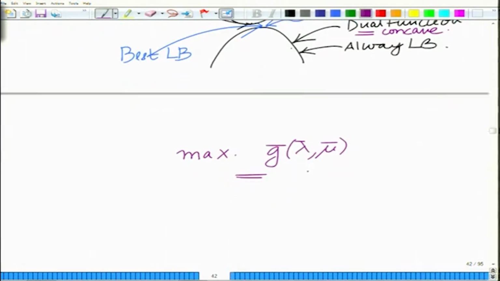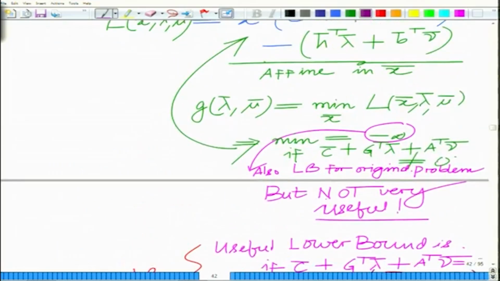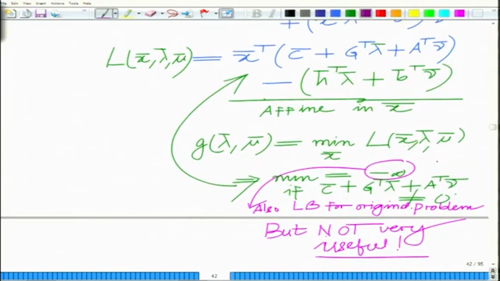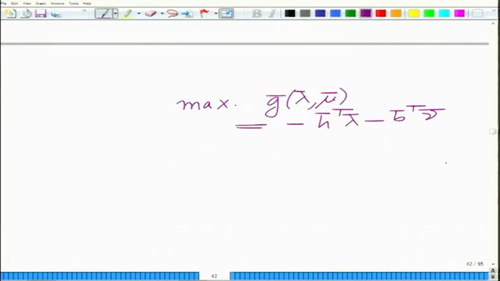So, G of lambda bar, nu bar is minus H bar transpose lambda bar plus B bar transpose nu bar, the negative of the whole thing, okay, that is the constant.